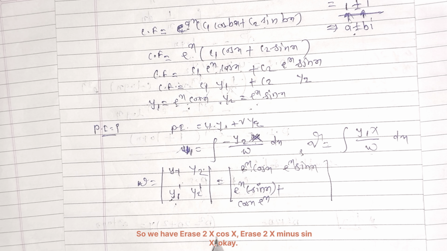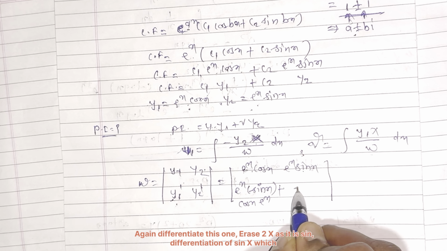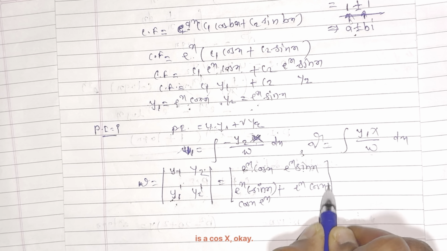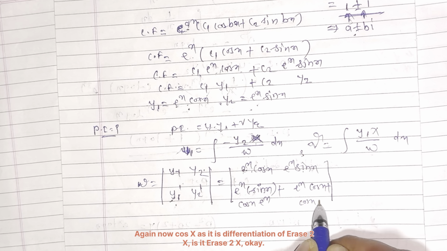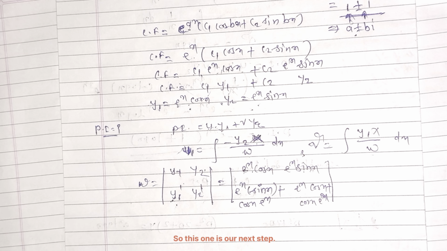So we have e raised to x cos x, e raised to x minus sin x. Again differentiate this one: e raised to x as it is, differentiation of sin x which is cos x, again cos x as it is, differentiation of e raised to x is e raised to x. This one is our next step.